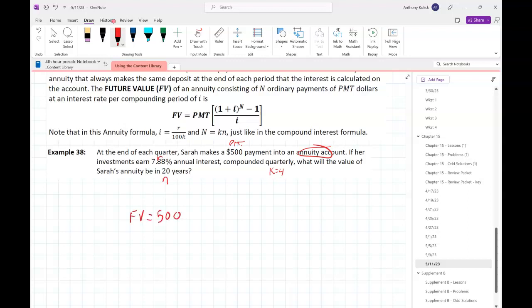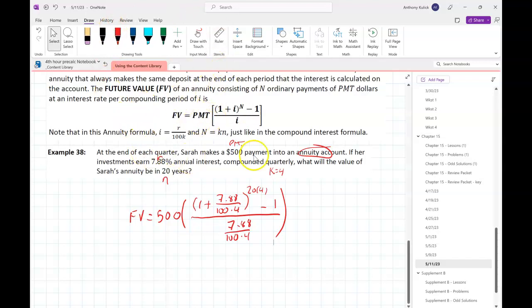So now I'm going to plug all this into my formula. Remember, lowercase i is just the interest rate R over 100 times K, and then cap N is lowercase n times K. So that's what I'm going to be typing into my calculator.